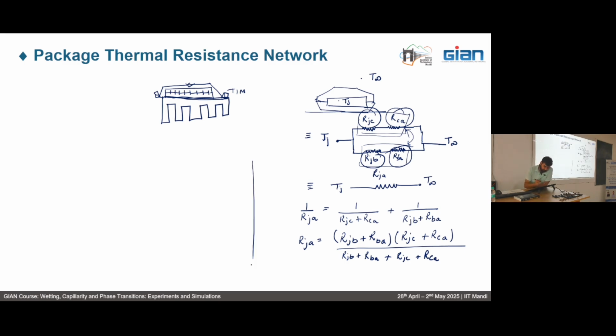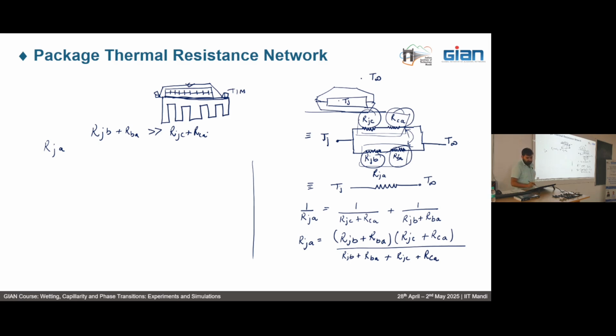What do you think the resistance between junction and ambient would be if the thermal resistance RJB plus RBA is much greater than RJC plus RCA? If the thermal resistance towards the board side is much higher than the thermal resistance towards the casing side, what would be the final result? The circuit would melt, of course, that's the physical result. The circuit would melt, there will be a reliability issue and the device will fail.